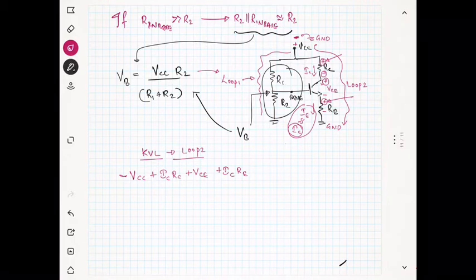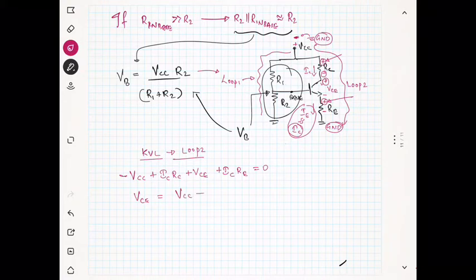We started from the ground and reached the ground, so this is equal to 0. Now we find VCE. VCE equals VCC minus IC into RC plus RE. This is how you write the Kirchhoff law at the output side.